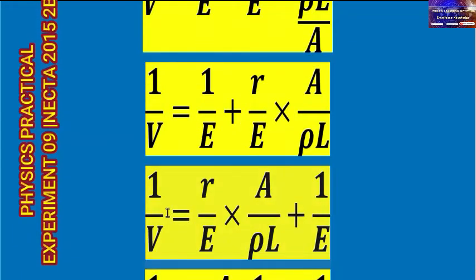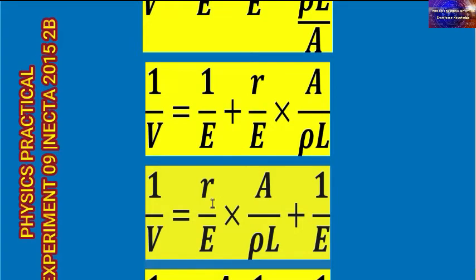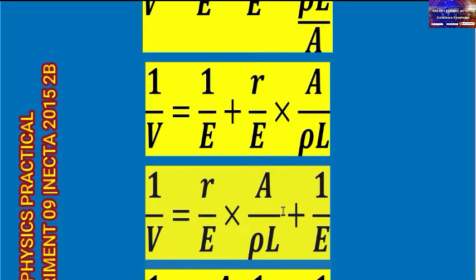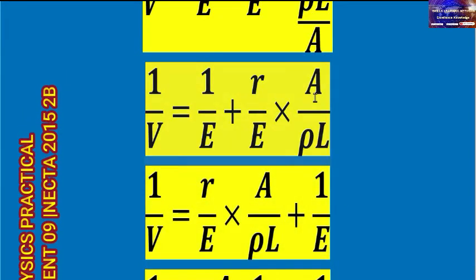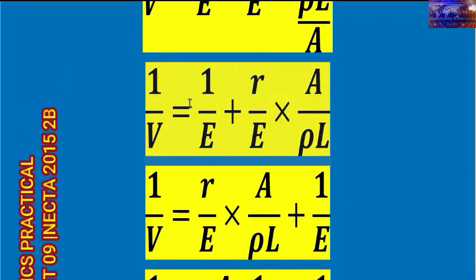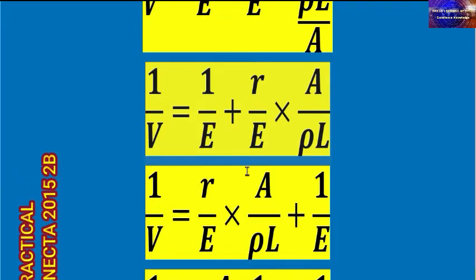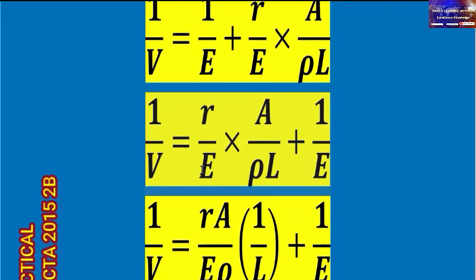It means 1 over V is equal to R. In order to get 1 over L as the x-axis, we have to change the position. It means this to be this side and this one to be the other side. I think you see that is our equation.